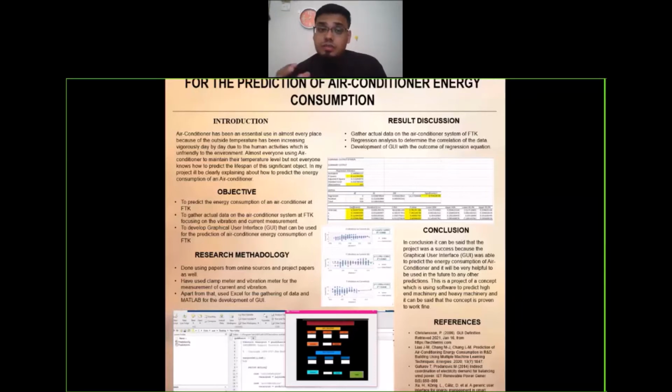The vibration meter is for the measurement of vibration and the clamp meter is for the current. With that, I get the vibration results and the current results. I gather all the data first in Excel, and with that, I can build the GUI in MATLAB.